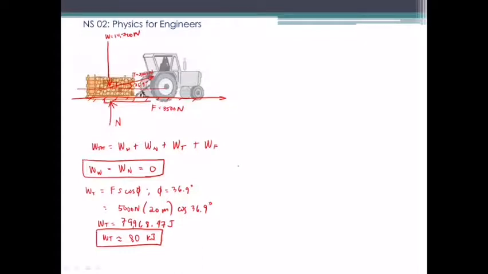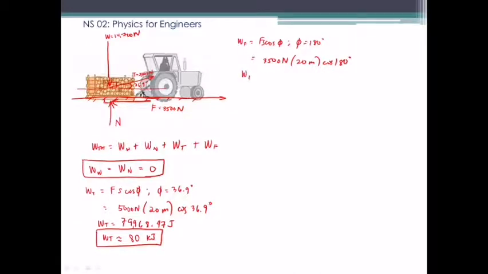Next is the work done by the friction force, Fs cosine phi. What is our phi here? The direction of the tractor is to the right, and our friction force is opposite, so phi is 180 degrees. The friction force is 3,500 newtons, times 20 meters, cosine 180 degrees.